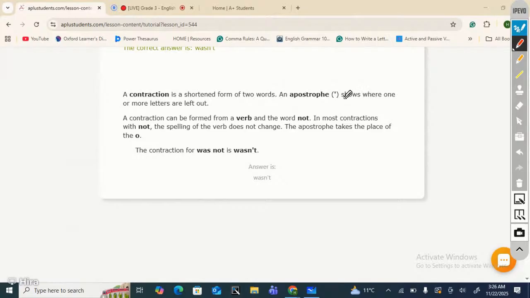An apostrophe shows where one or more letters are left out. A contraction can be formed from a verb and the word not. In most contractions with not, remember this point, the spelling of the verb does not change.